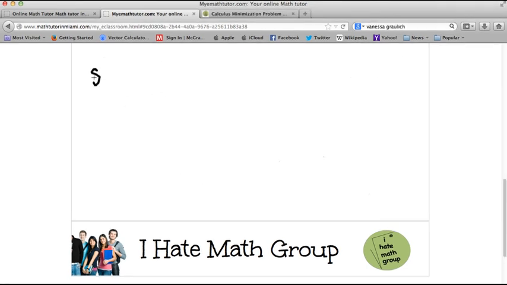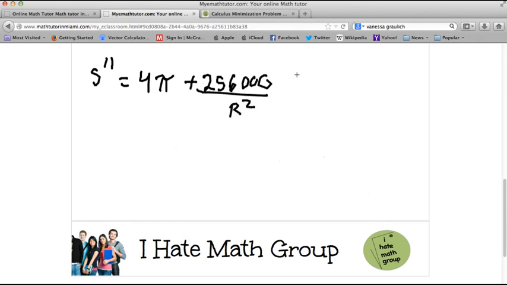And finally, when you do the second derivative, you get 4 pi plus 512,000 pi over r cubed, and you can see that plugging in 40 gives you a value greater than 0. So the radius is equal to 40.